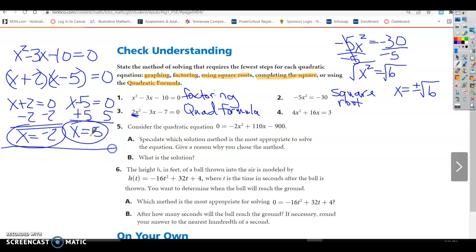So quadratic formula, remember, A, B, and C. So I've got A equals 2, B is negative 3, C is negative 7.